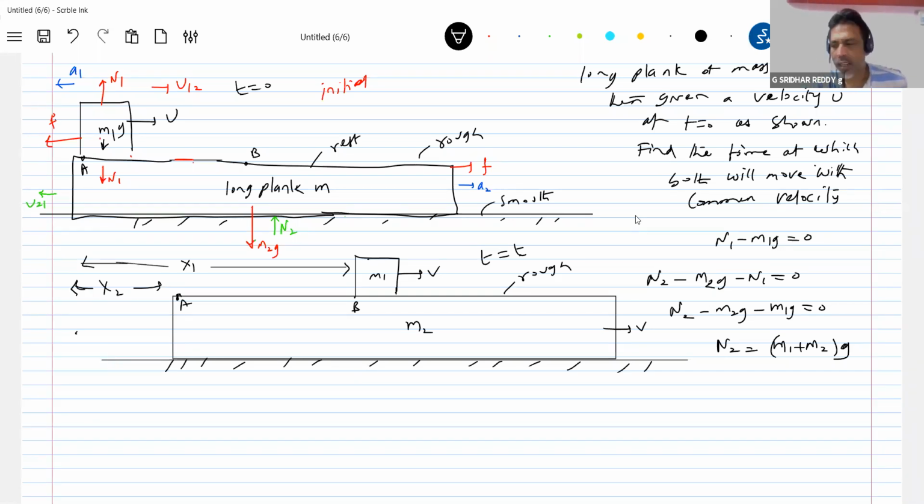Okay, let's go for the calculation of A1. A1 should be equal to F by M1. I'll put a negative sign, retardation. What is F1? F1 is equal to mu N1. F is equal to mu N1 only, which is mu M1 g.